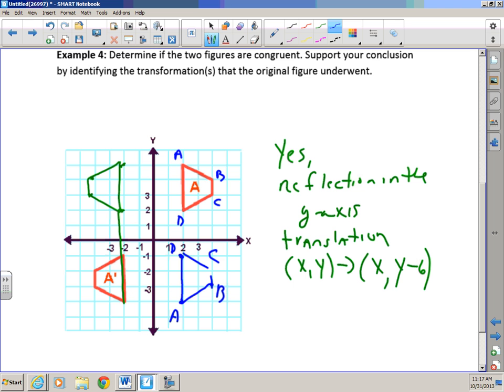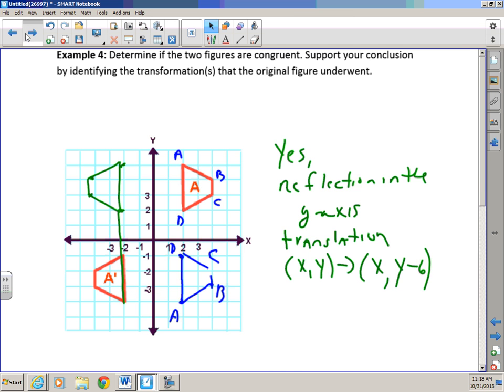So I reflected it there. And what if I reflected it again one more time? That looks like it works also. So one of the things that you can see here is I could have done a double reflection, one in the x and one over the y. So you'll see sometimes there's more than one answer to these problems. All right?